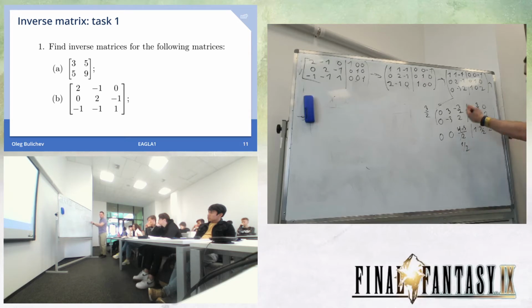And let's multiply it, because we need to receive 1 in the end. It will be 1, 2, 3, 4.